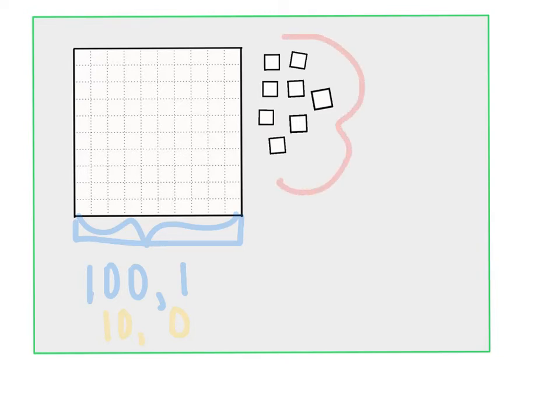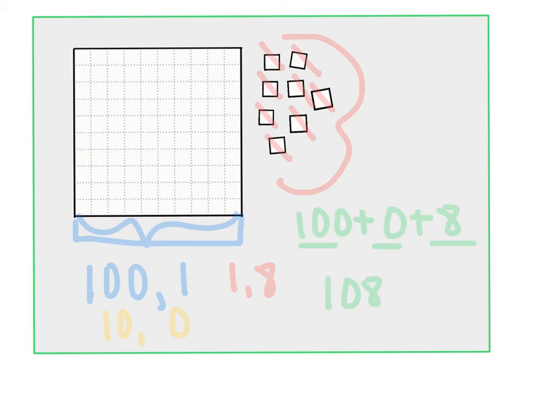So we're going to count these. 1, 2, 3, 4, 5, 6, 7, 8. So we know that 1 unit is equal to 1, and we have 8 groups of those. So over here, we're going to add 100 plus 0 plus 8, representing the groups of 100, 10s, and 1s. And when we add those together, we get 108.